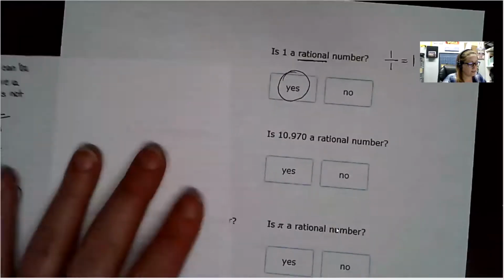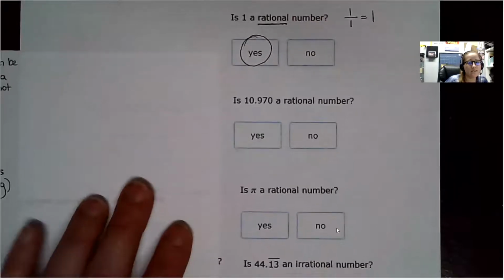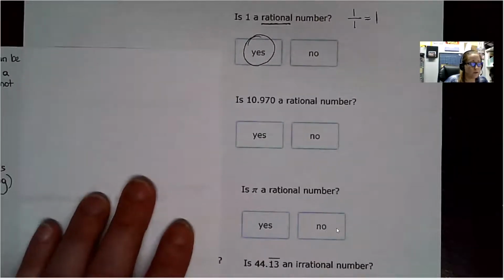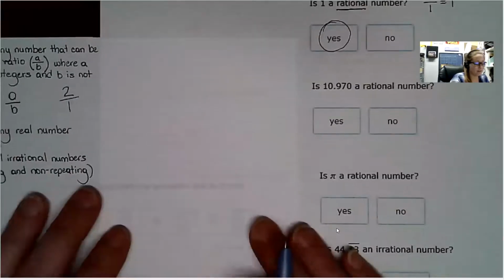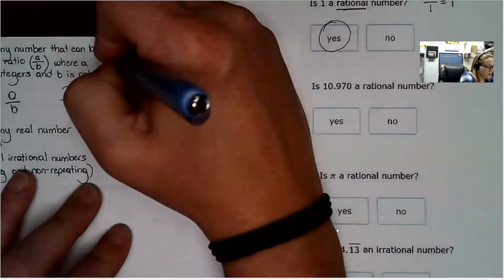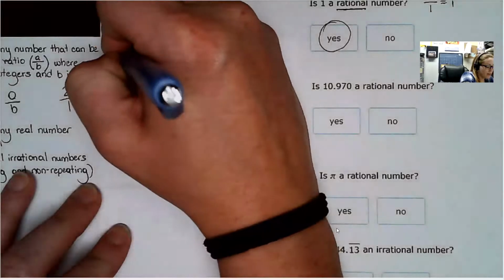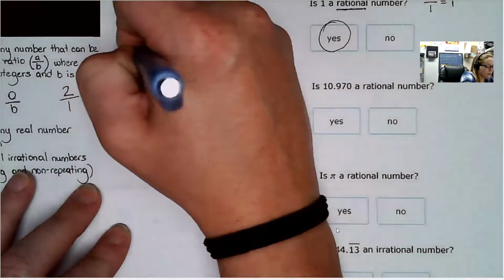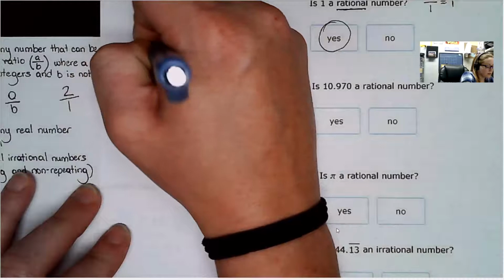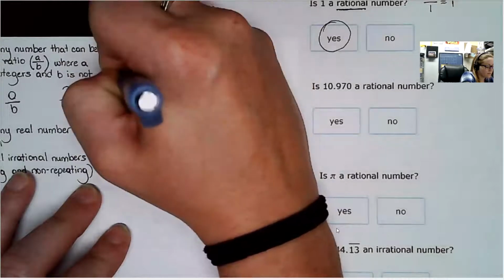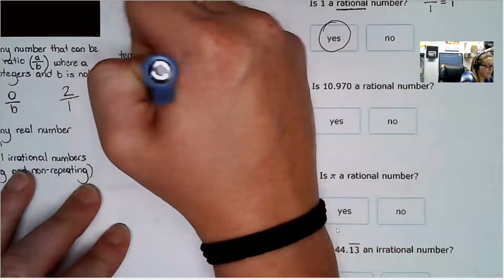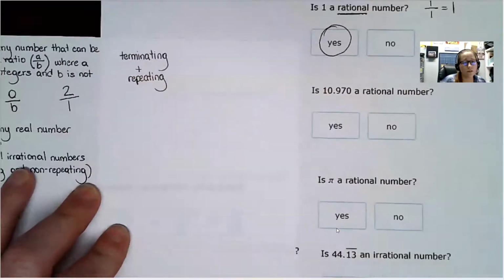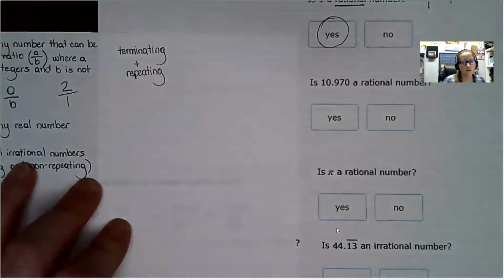Looking at this example we have, is 10.970 a rational number? Remember too that rational numbers, and I'm going to add this over here, are terminating and repeating decimals are included in this. Okay, so if the number has a decimal that terminates, so it ends, then it's rational.